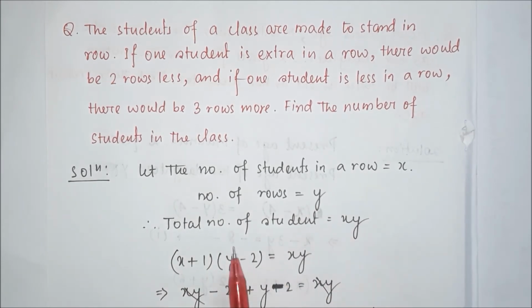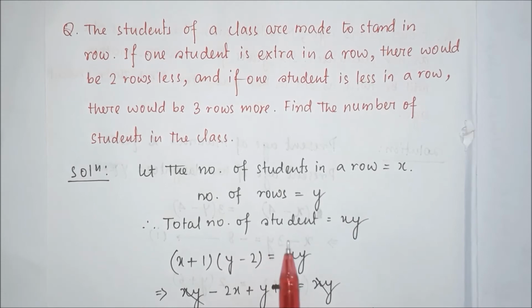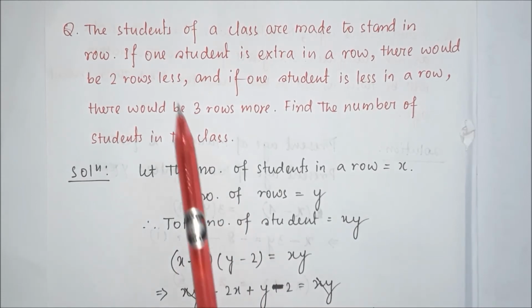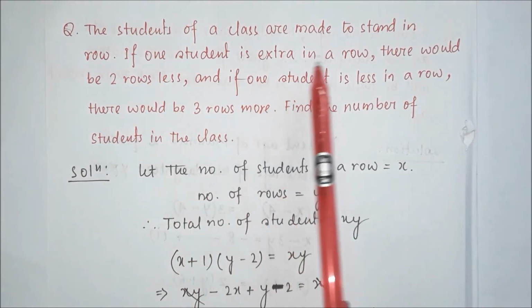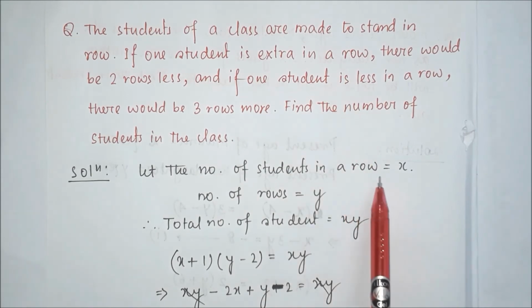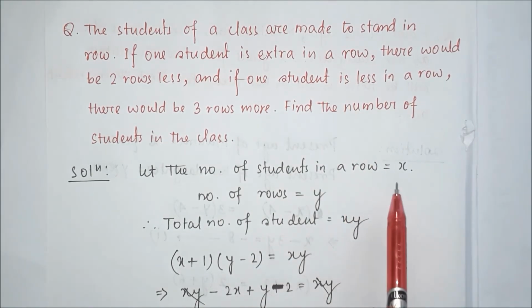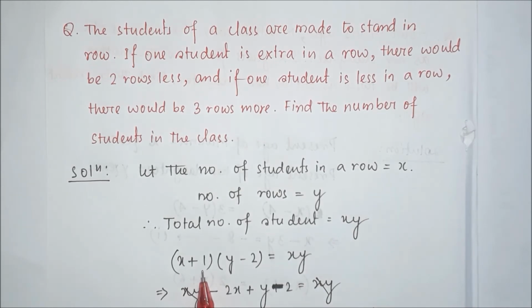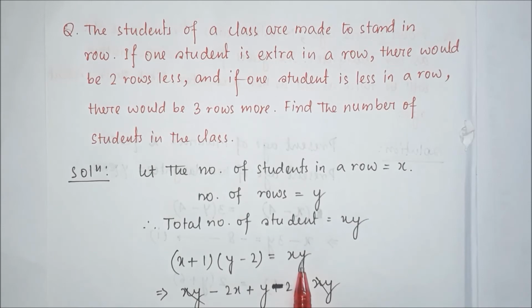Now if you change the arrangement, the number of students remains the same. It is not going to change. So the first condition: if one student is extra in a row, then the number of students in a row is x plus 1. There would be 2 rows less, that means y minus 2, and if you multiply you will get the number of students, which we have as xy.